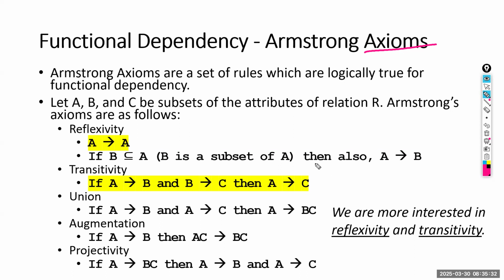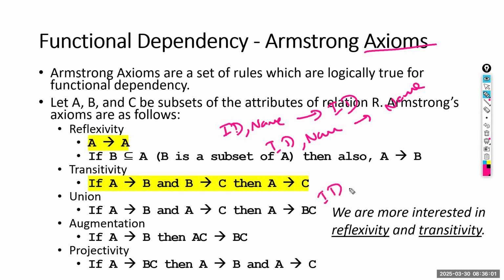And what happens if B is a subset of A? It's something like this: ID, comma, name functionally determines ID. If you know ID and name, you know ID, because B is a subset of A. And again, I can say ID, comma, name functionally determines name.